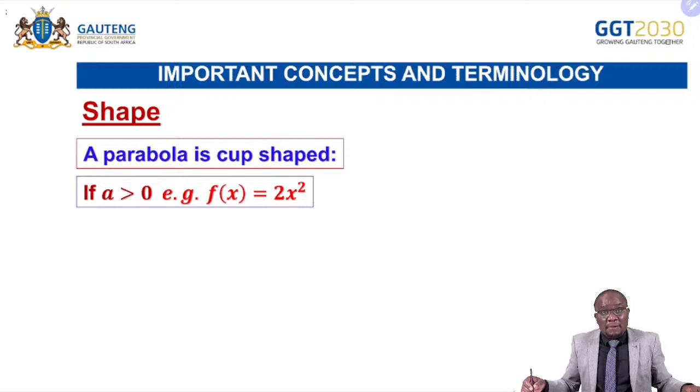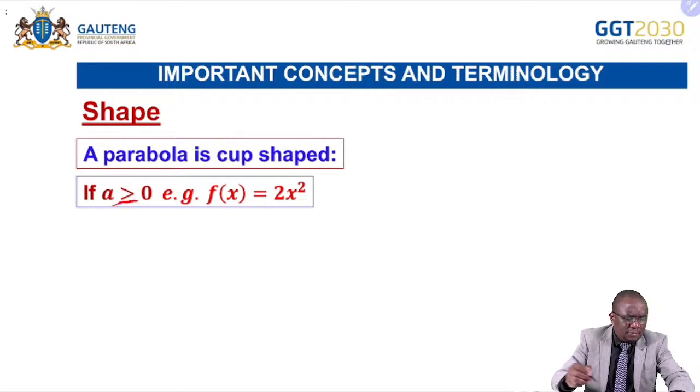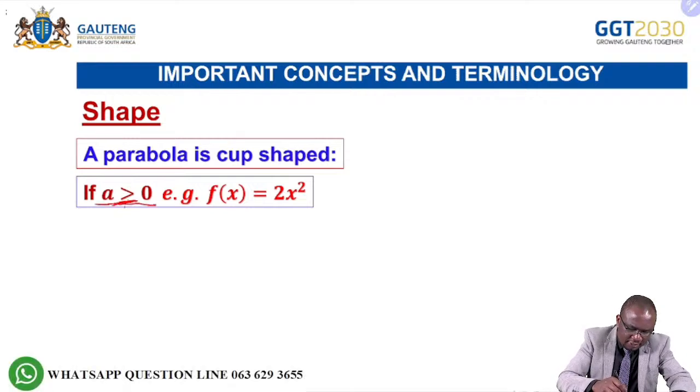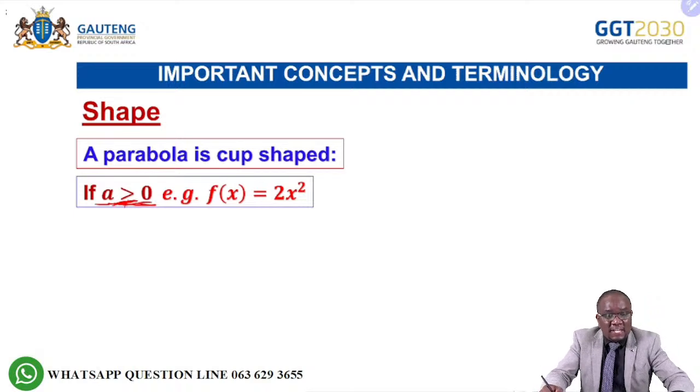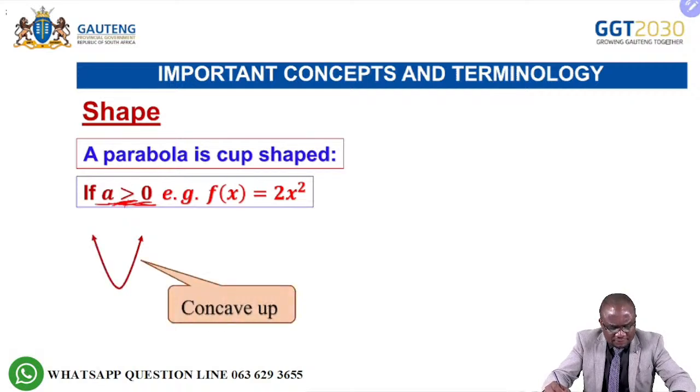A parabola is a cup-shaped function or graph. If A is greater than 0, this means positive. If A is positive, the graph is concave up. We've talked about that. Okay, just listen now. But if you can take short notes, it's fine.